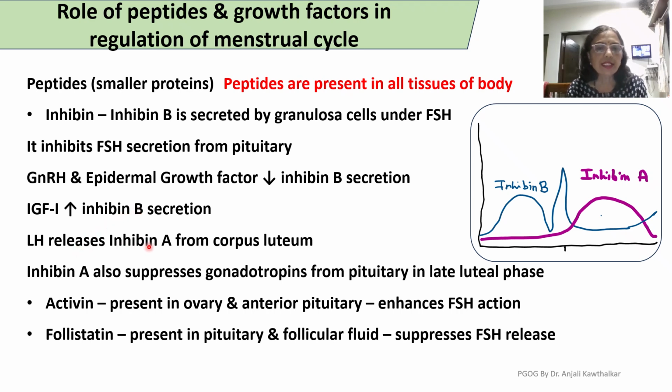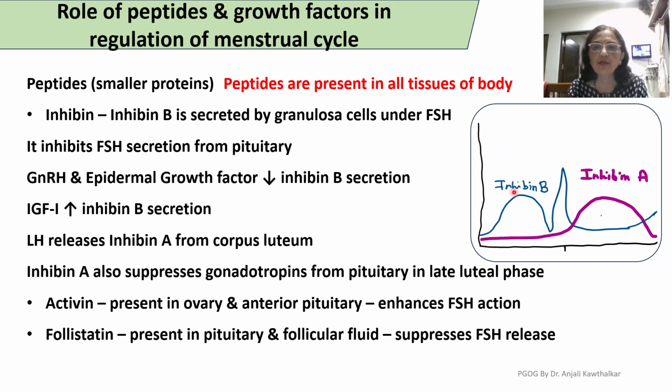LH releases inhibin A from the corpus luteum. So in the first half of the menstrual cycle, remember there is action of inhibin B on the pituitary. In the second half, there is action of inhibin A, because LH helps in synthesis of inhibin A from the corpus luteum, whereas FSH leads to the synthesis of inhibin B by granulosa cells.